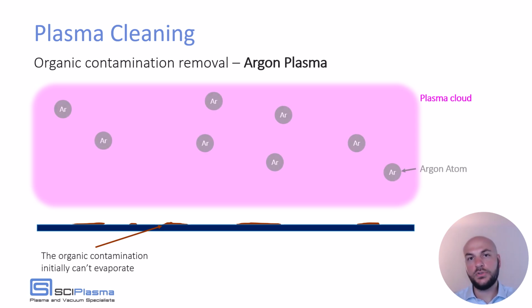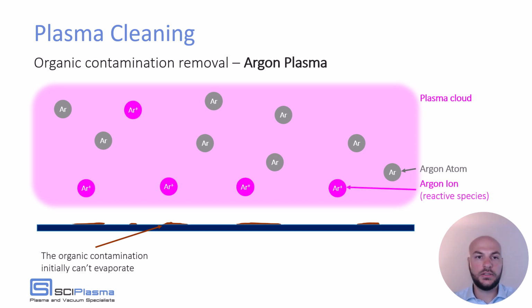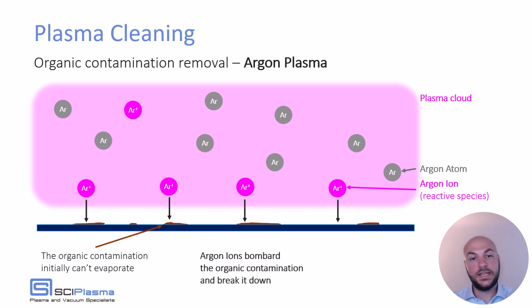The first one, of course, is the argon atoms, which are neutral. And then, of course, the key players, which are the argon positive ions. These species can interact with the contamination as they are accelerated towards it. And when they are accelerated toward the contamination, they exchange physical energy and start breaking it down.